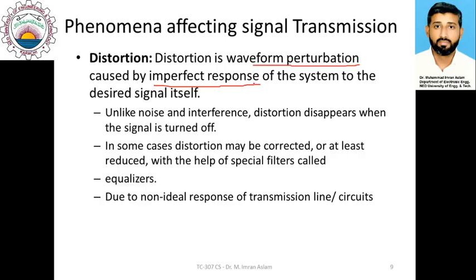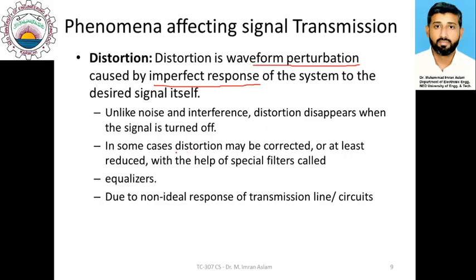So when the signal passes through that imperfect system, it causes some change in the waveform shape. And of course, if there is no signal, there will be no change in the shape. So distortion only happens whenever there is a signal in the system. If you switch off the signal, there will be no distortion.